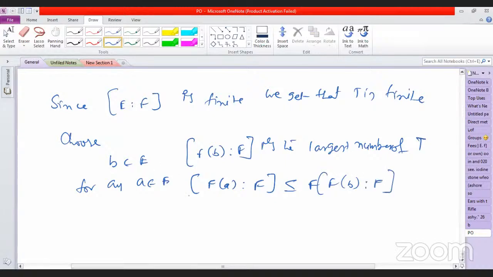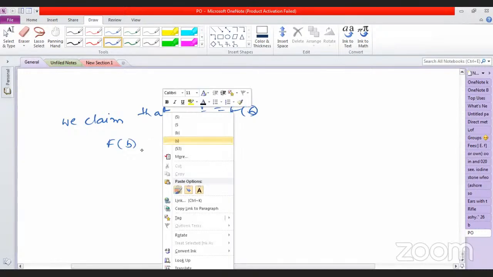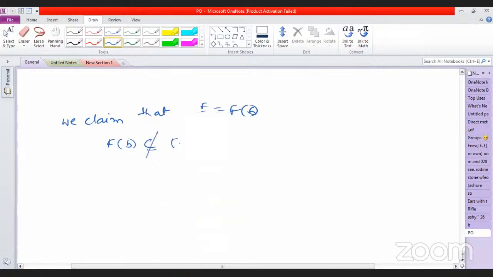Condition for any A belonging to E. Yes, sir. Claim that F of B equals E. Suppose F of B is not equal to E, by the hypothesis.